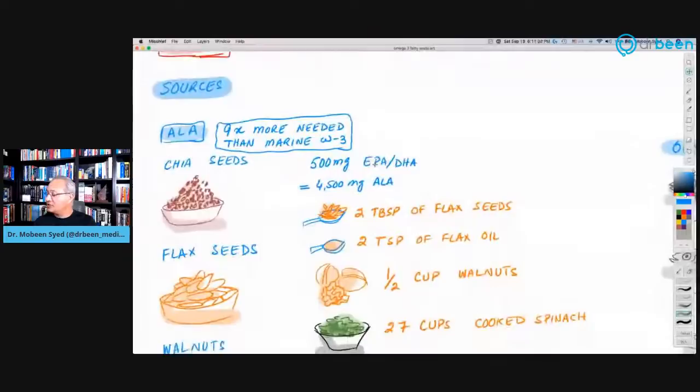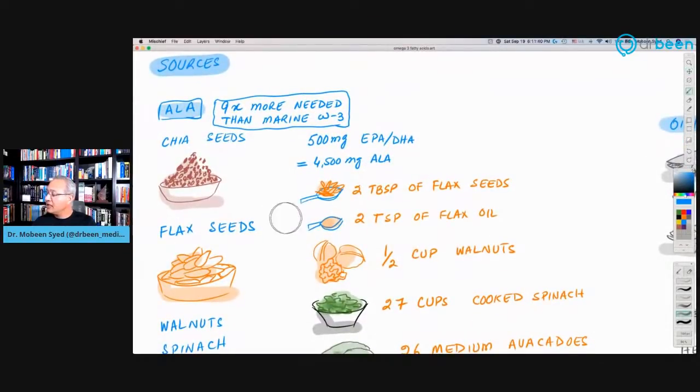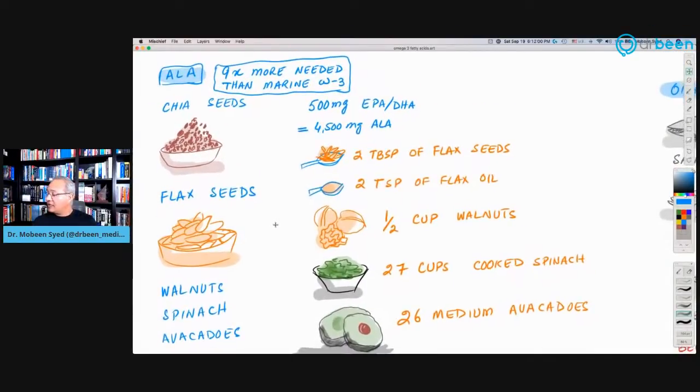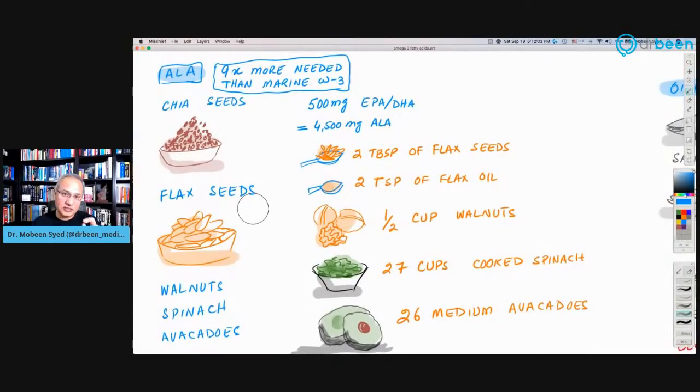Now the sources. ALA main sources are plant and seed sources. These are chia seeds, flax seeds, walnuts, spinach, and avocados. There are more as well, but these are important ones. Now keep this in your mind, this is the practical part.